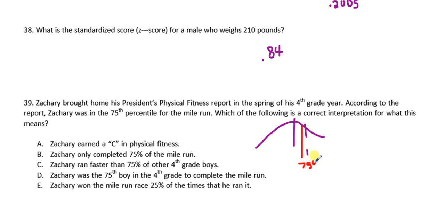What that means is 75% of the people are below him for the mile run. So he's faster than 75% of the students. Zachary ran faster than 75%, and only 25% ran faster than he did.